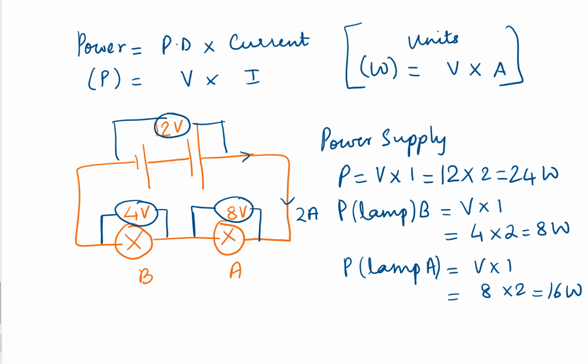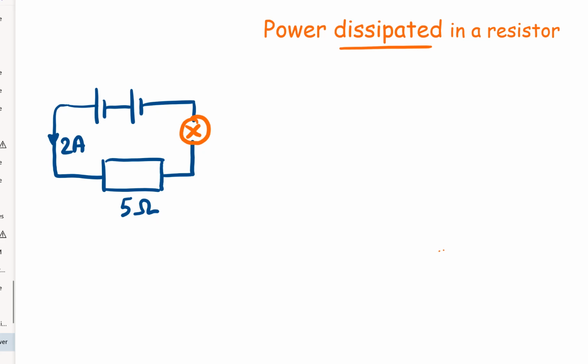Okay, now the next part is I'm going to show you how to calculate the power that is dissipated in a resistor. First of all, the word dissipated means wasted.